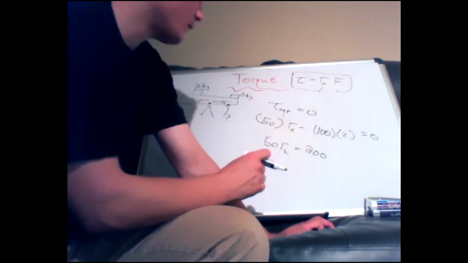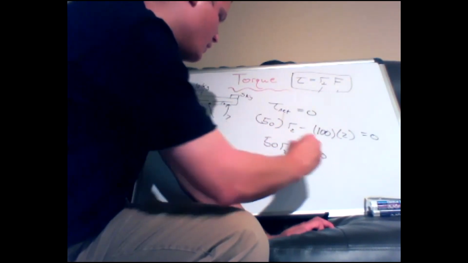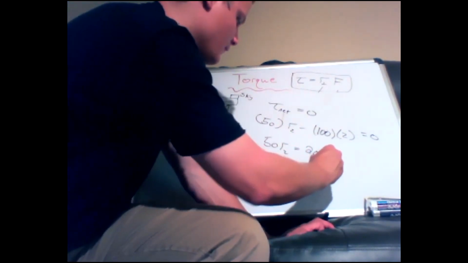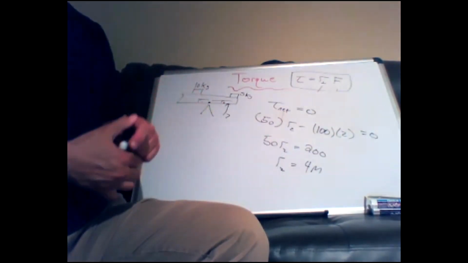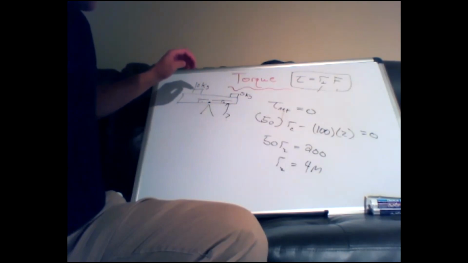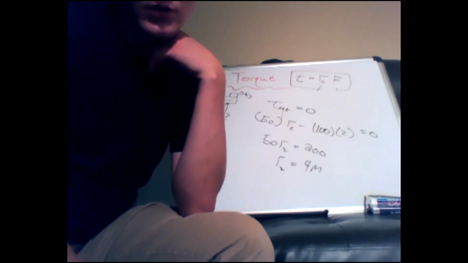And then you can see, divide both sides by 50, and you're left with R2 is equal to 4. What units are they? Well, it's your standard unit, so it's in meters. All right, so if the 10 kilogram object is at a distance of 2 meters, this should be at a distance of 4 meters. Let's go back to screen share.